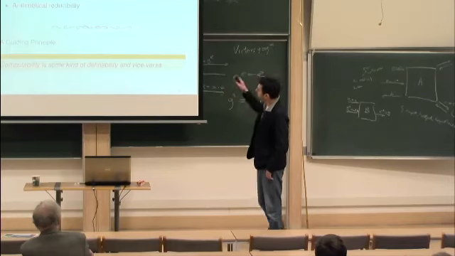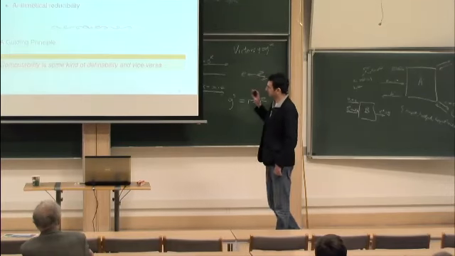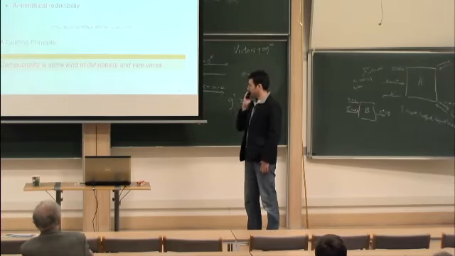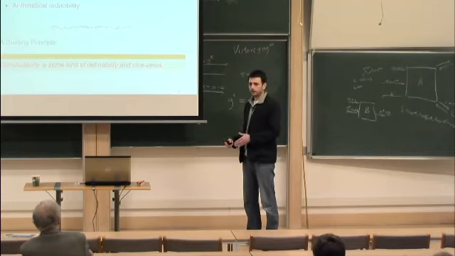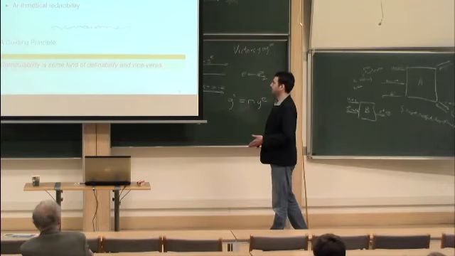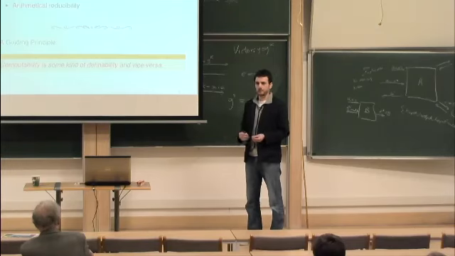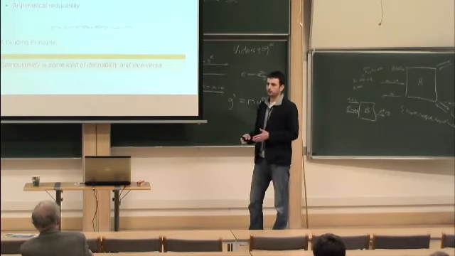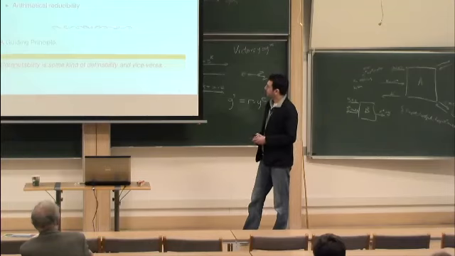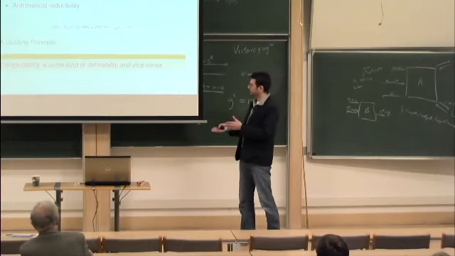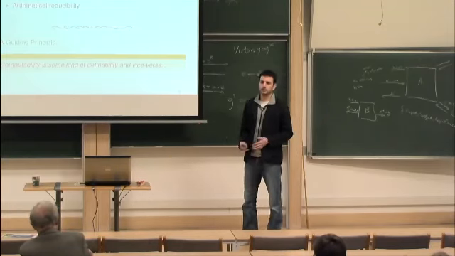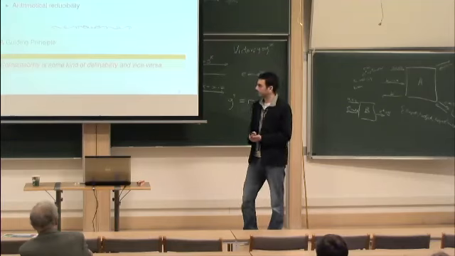But in all of these reducibilities, there is a guiding principle, which is that computability is some kind of definability, and vice versa. If you can compute something, you basically have a definition of it in some language, and that language is very close to arithmetic. And vice versa, if you have an arithmetical definition, in some sense you can compute it using some oracle.